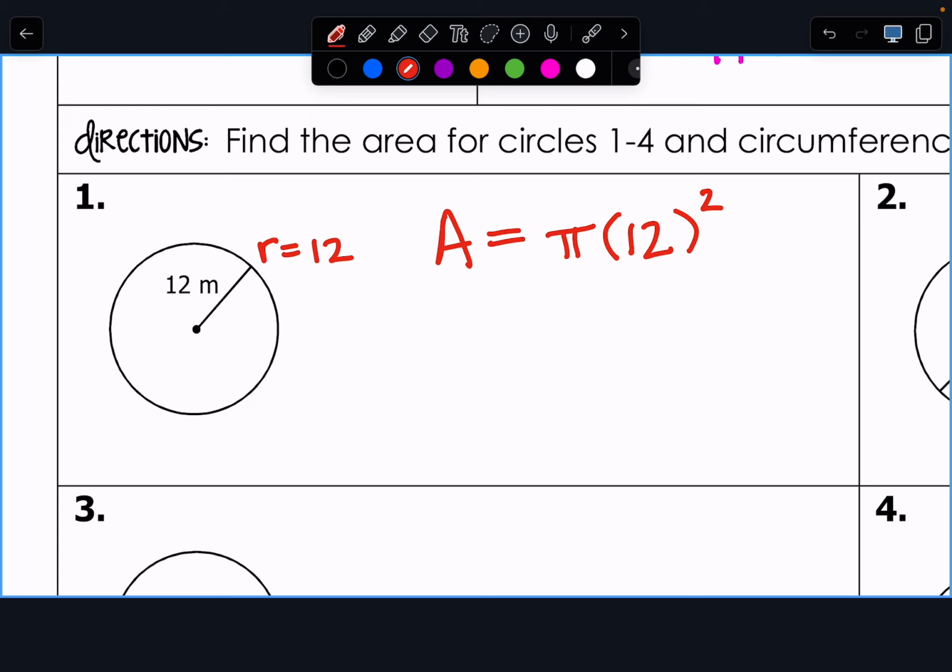The exponent. So this would be 144 times pi. We are going to round to 1 decimal place. And what would our label be?